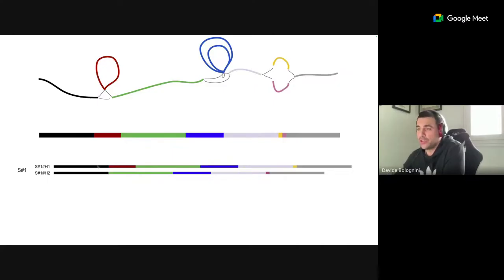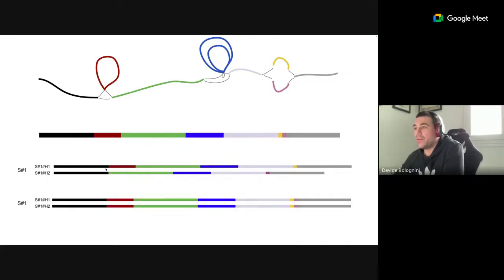So for instance, for these two paths here, you will have something like this. The first path crosses the black node once, the red node once, once for the green node, once for the blue node, once for the pinkish node, once for the yellow, and 0 for the pink, just because the pink node is not present in the path.